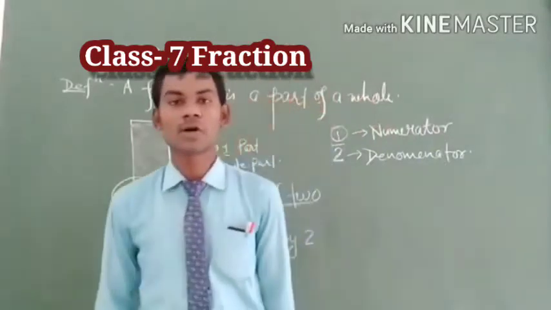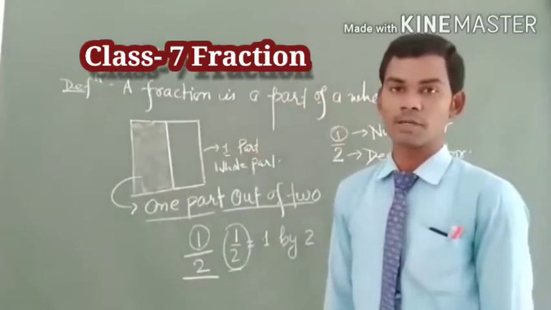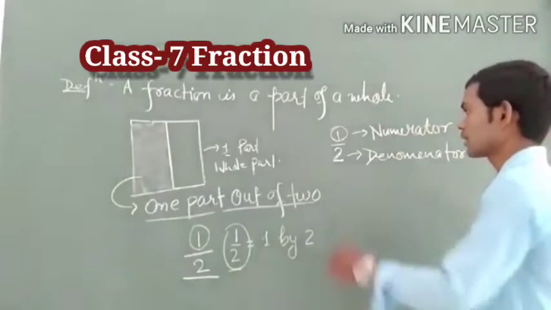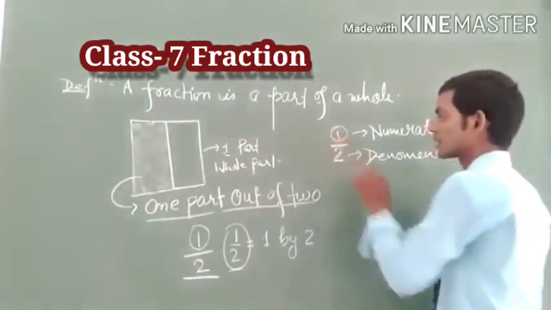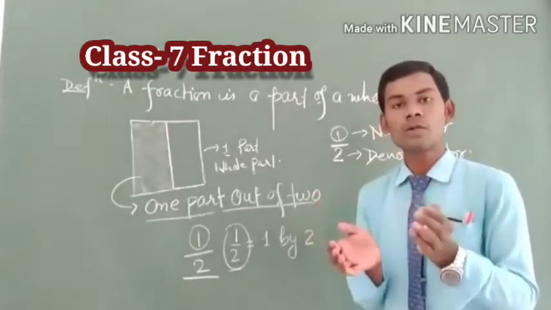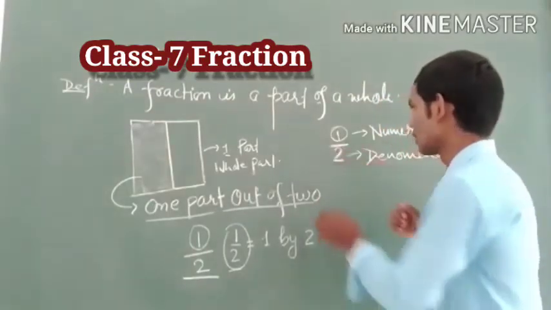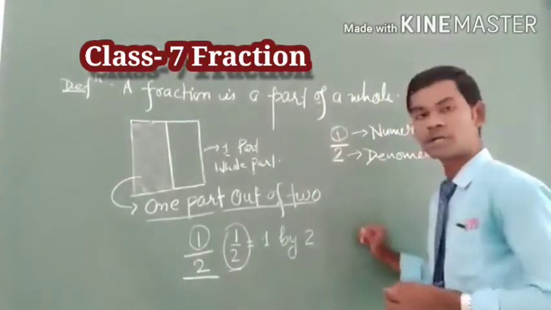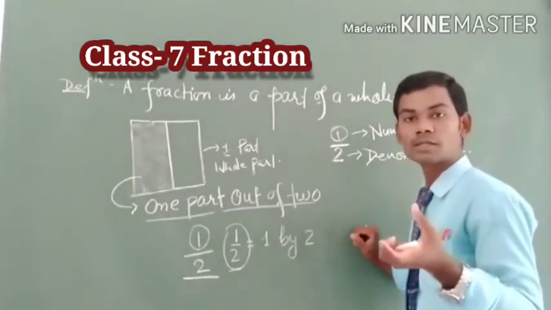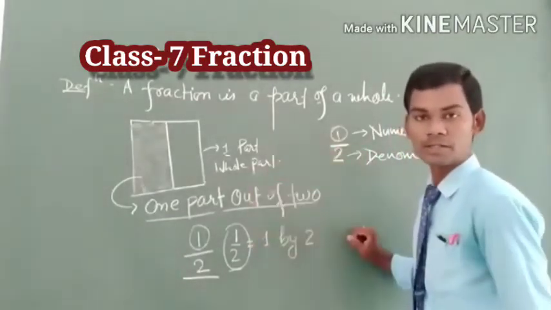The one part is called numerator and the other part is known as denominator. Okay, and this horizontal line represents that the whole has been divided. This horizontal line represents that the whole is divided into a number of equal parts.